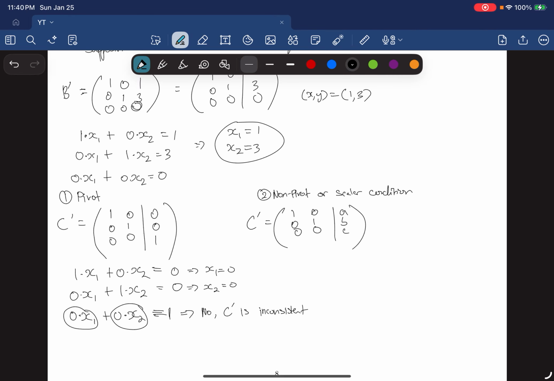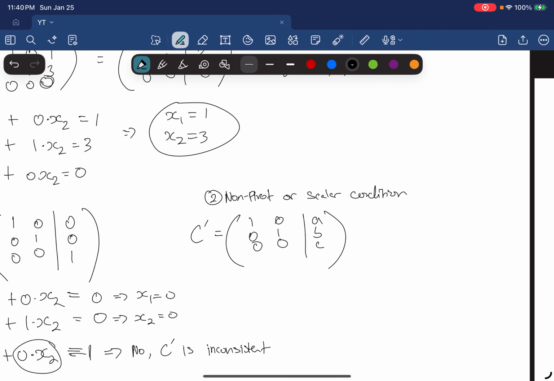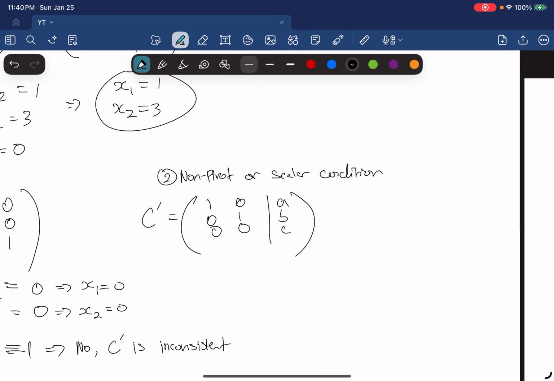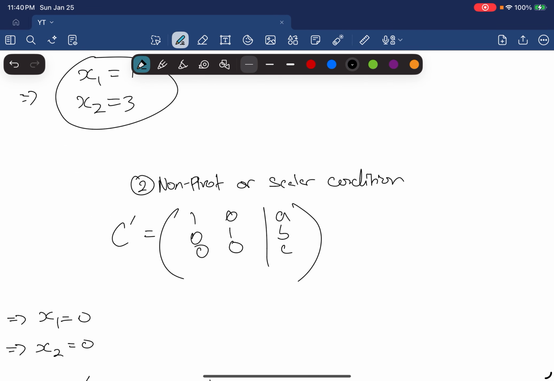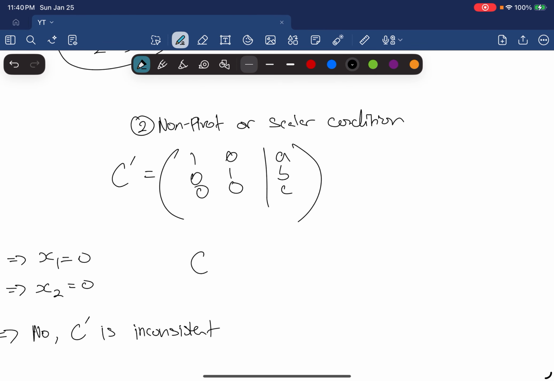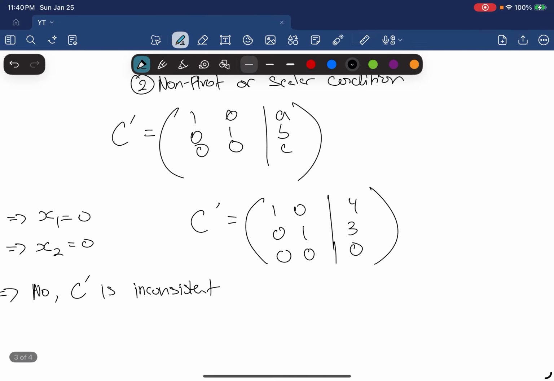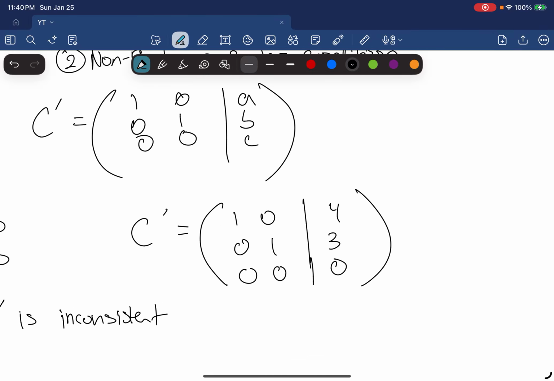Where A, B, C are any numbers, okay? The thing with showing this is that if you want A and B to be scalars, just regular numbers like 1, 0, 4 or 0, 1, 3, then the bottom row has to be 0. It can't be a 1, right?